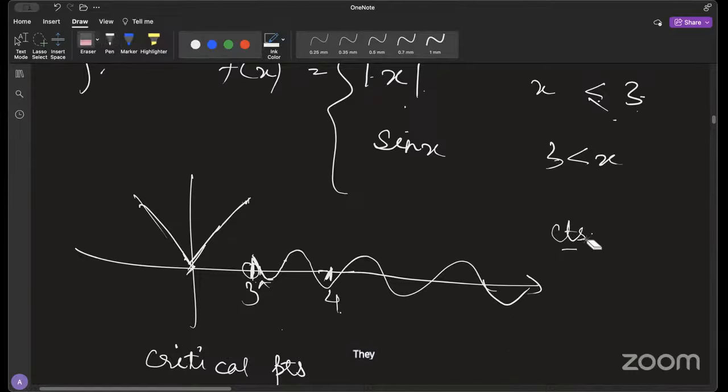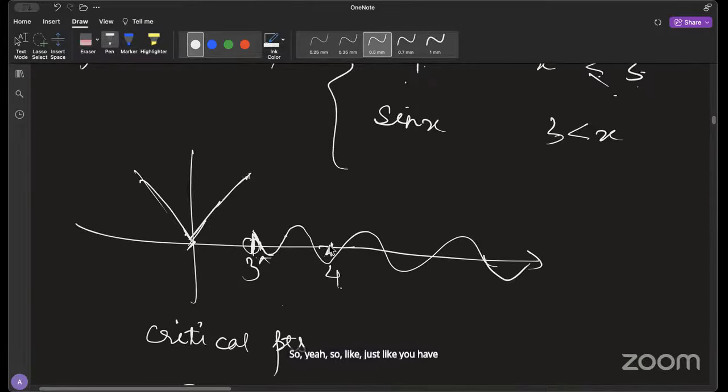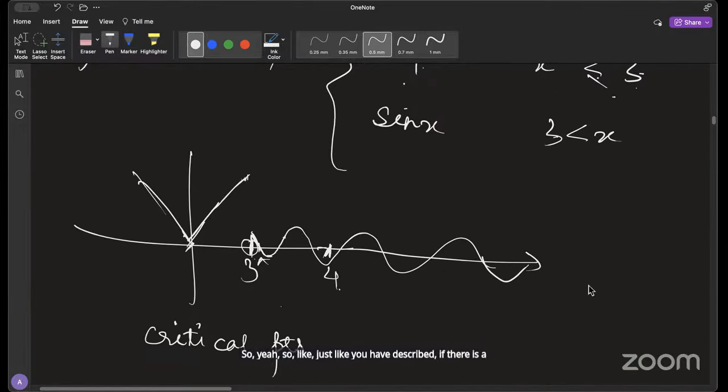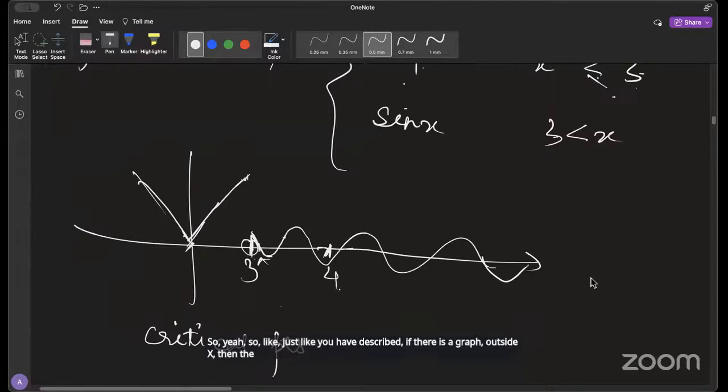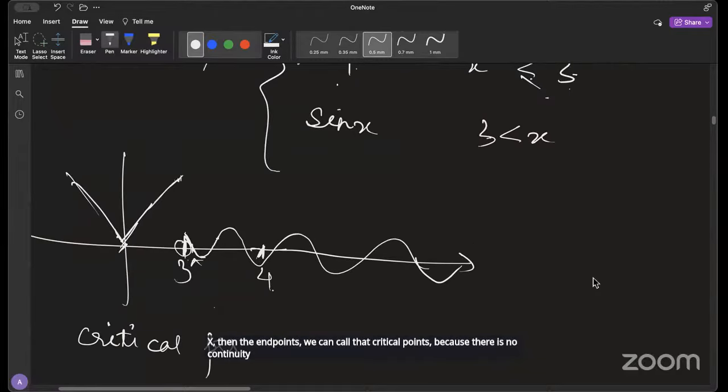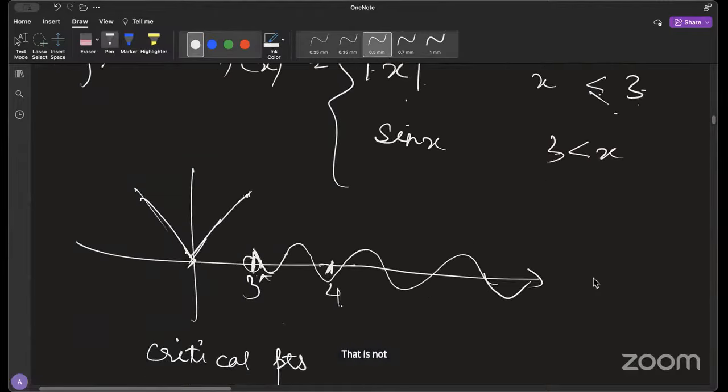Just like you have described, if there is a graph of sin x, then the endpoints we can call critical points because there is no continuity. It depends.